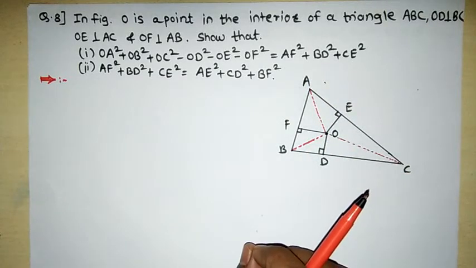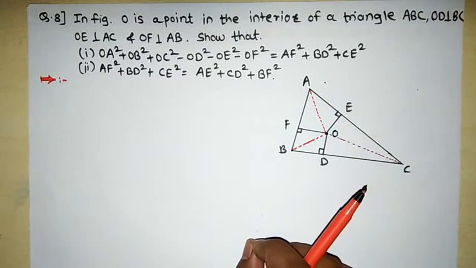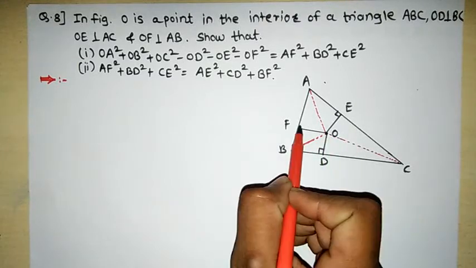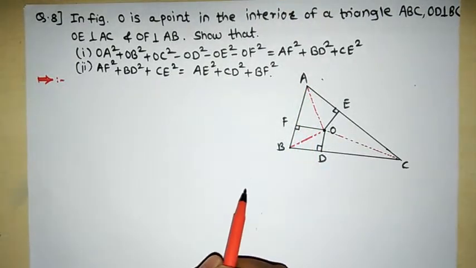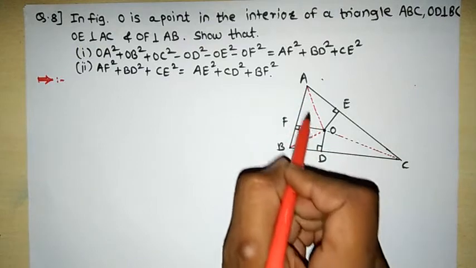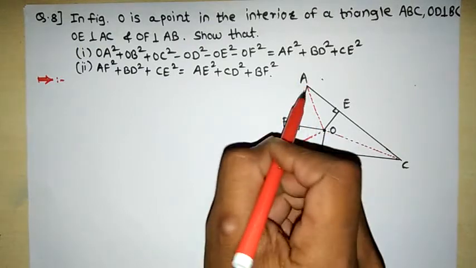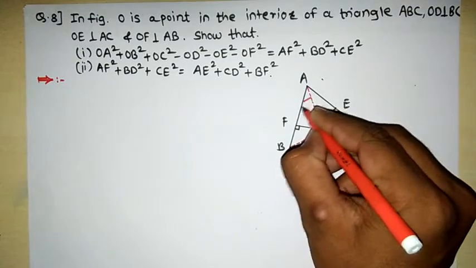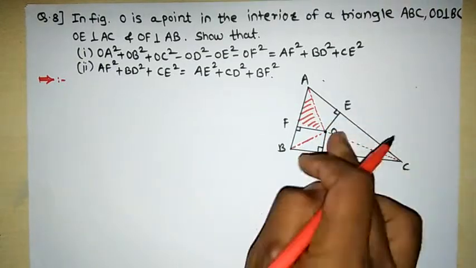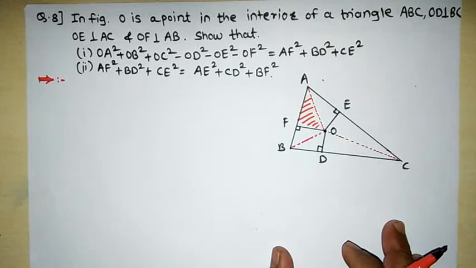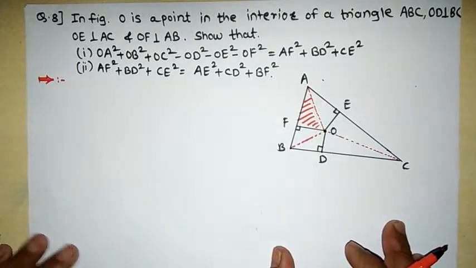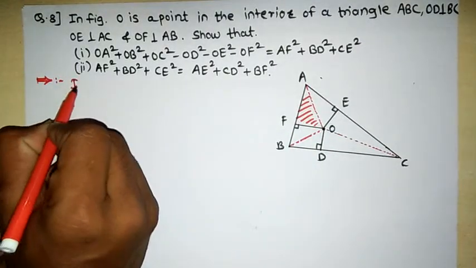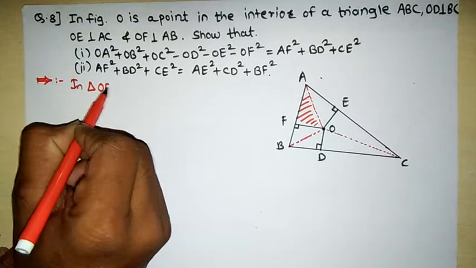In which triangle will we get OA square? See, in triangle OFA. In triangle OFA, can we get OA square? Yes, this is the hypotenuse, so we will get it in triangle OFA.